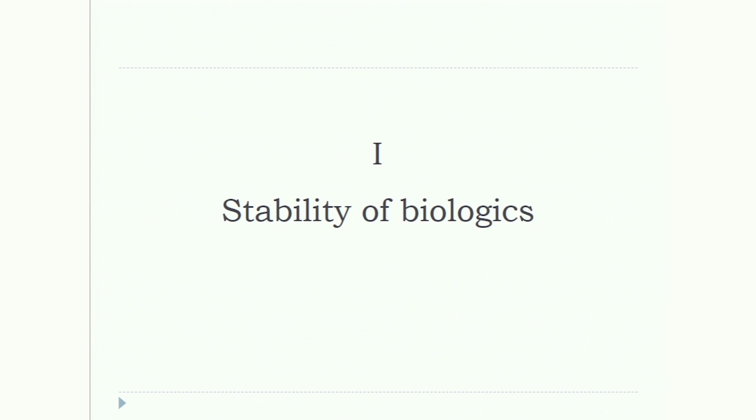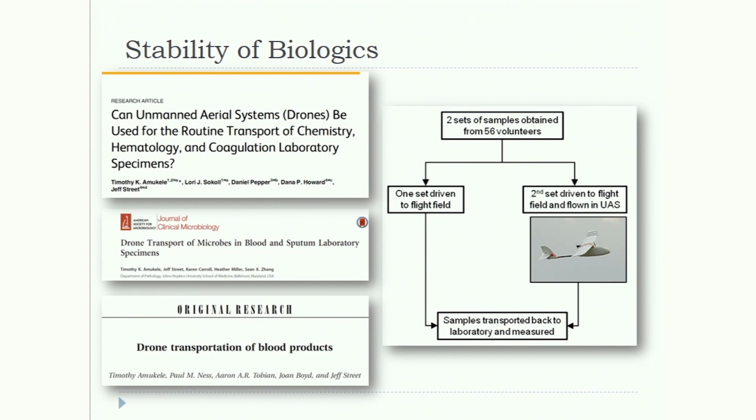I'll start with talking about the first, stability of biologics. That's what has been a lot of my focus for the last couple of years. The reason I focused on it is something that we all understand in this room, which is if the blood sample is compromised somehow, if it's hemolyzed or something else happens, or if it sits around and the glucose gets degraded, then it's just not medically useful.